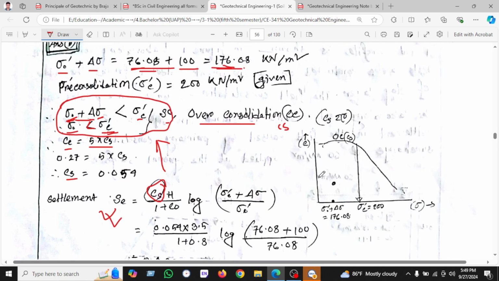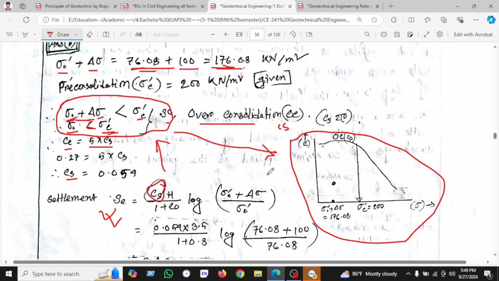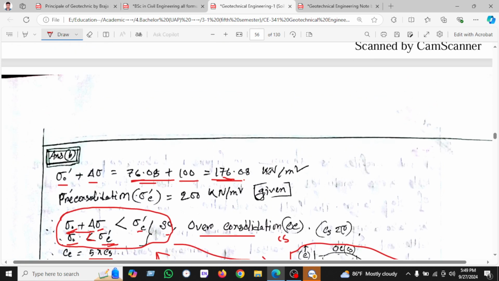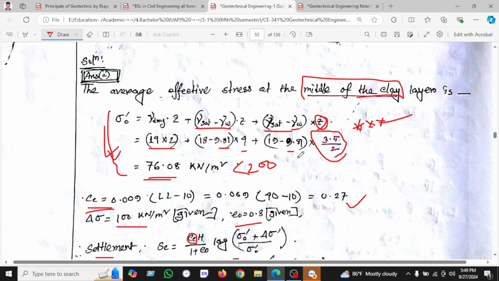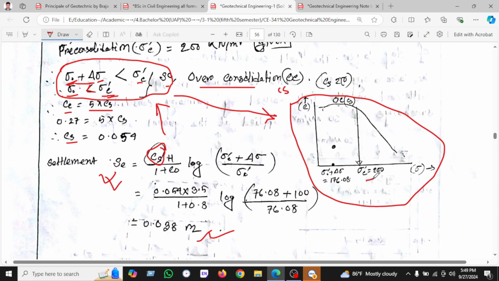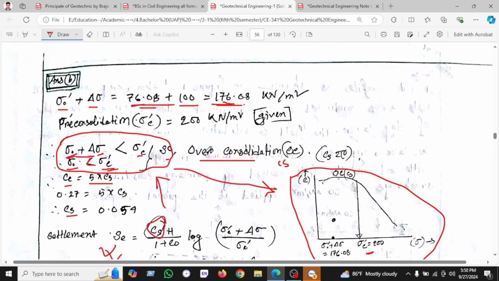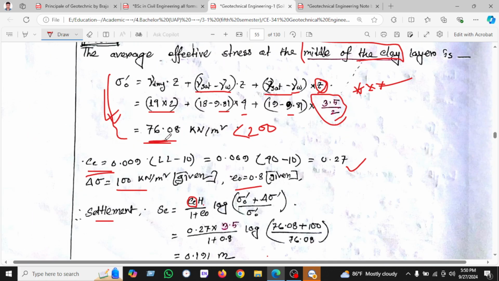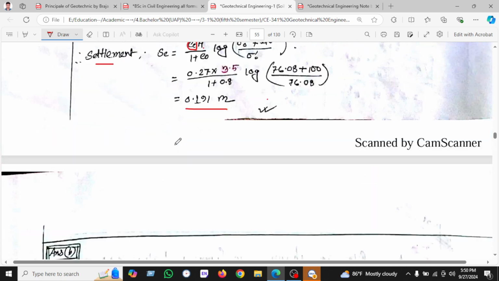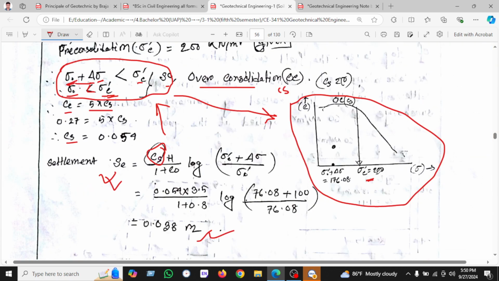And if we want to understand it on the graph, in the question the pre-consolidation is given as 200, so in this graph we have fixed the 200. Now we will see the value of sigma naught. Sigma naught is 76.08, and 76 is less than 200.